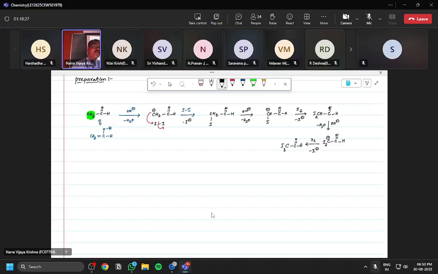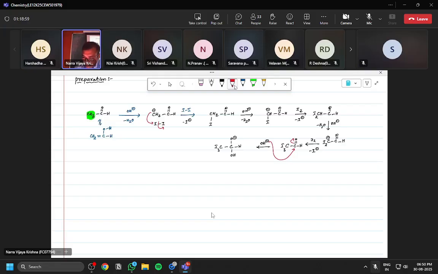Correct? Now again base. Now base cannot pull acidic hydrogen. Now base, this OH minus, acts as a nucleophile. Correct? Because CI3 is a good electron withdrawing group. Because of this withdrawing nature, what happens to the electron density over this carbon? Decreases. So OH minus will go and attack. So the product will be CI3 bond CO minus, HOH. Correct?